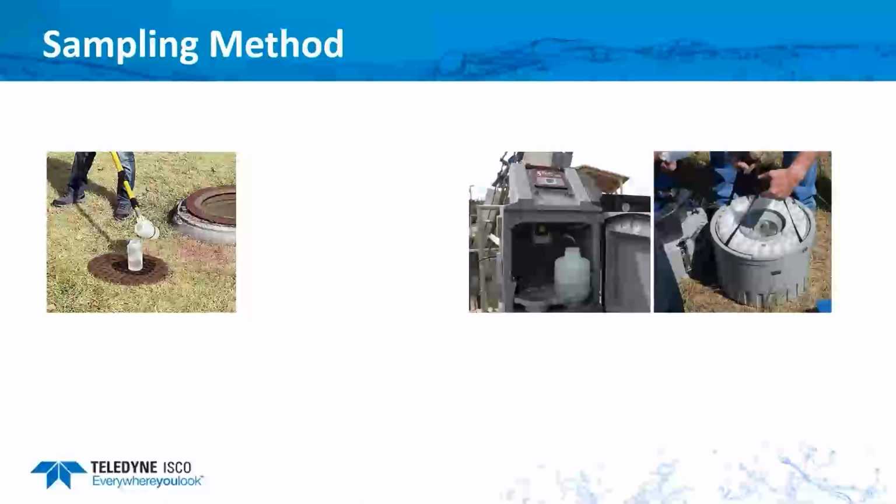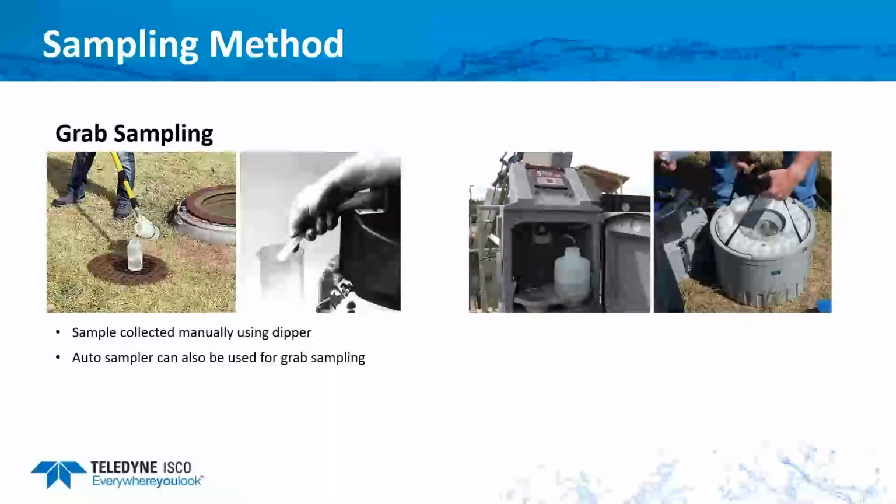So for sampling, there are two basic methods and approaches to taking your samples. There's grab sampling, which involves an individual or individuals traveling to the site and literally manually collecting that sample by having a pole and a bottle that they dip into the flow to collect a sample that they then draw out and put into a container to be brought to the lab.